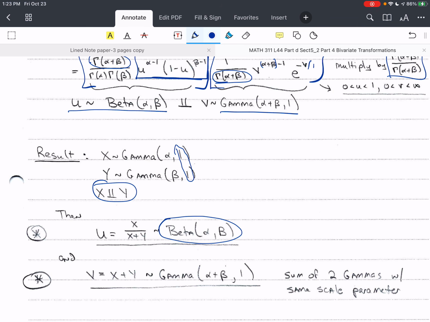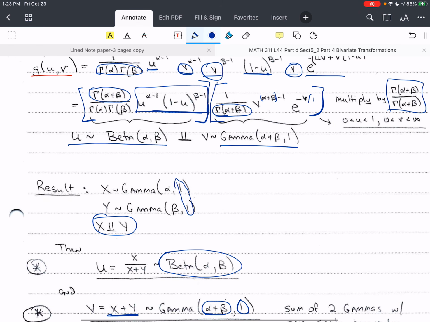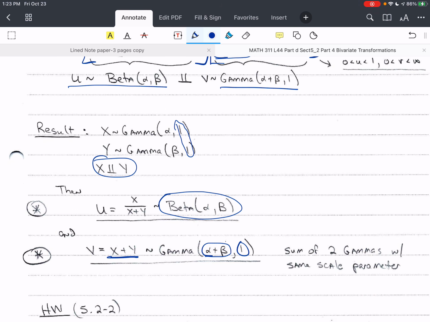But the addition of 2 gamma distributions with the same scale parameter, you add the shape parameters, okay? So x plus y, when x and y are gamma, as long as they have the same scale parameter, you can just add their shape parameters together. And the book does this generally. So instead of putting a 1 here, the book has theta, so that it's any value of the scale parameter.